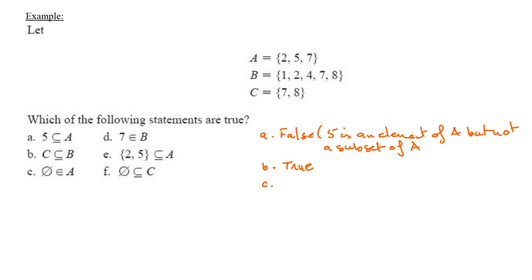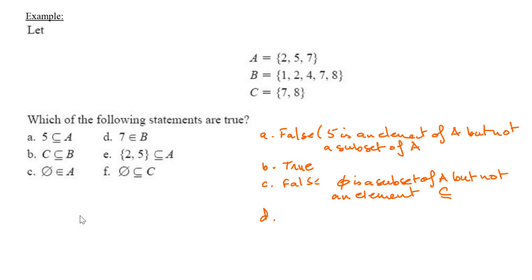How about C? An empty set, element of A, again I would say false, because this is a subset of A but not an element, meaning I need to use this symbol but not this symbol, element of. D, 7 is an element of B, yes. E, the set {2, 5} is a subset of A, yes. And again, an empty set is a subset of C, yes, because the empty set is a subset of every set.